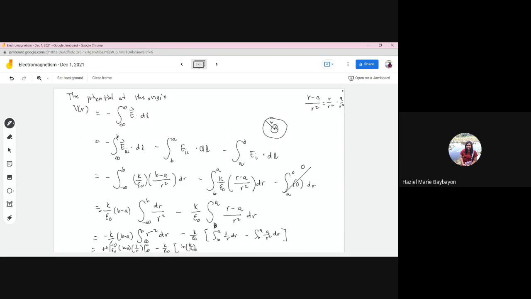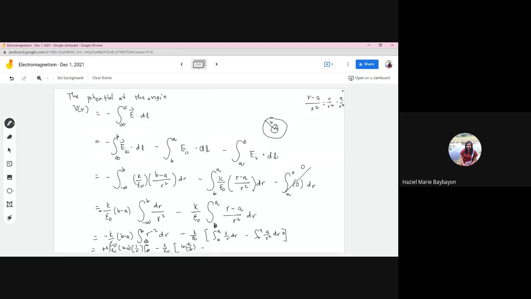Is that correct, class? It's a over b, the upper limit. So, ln a minus ln b, we have ln a over b.